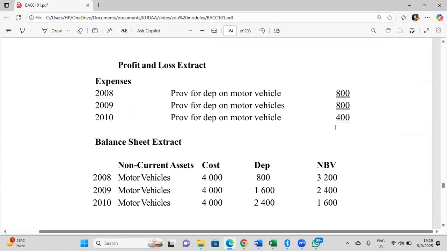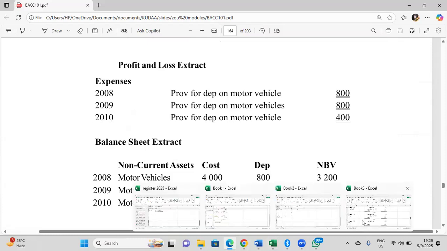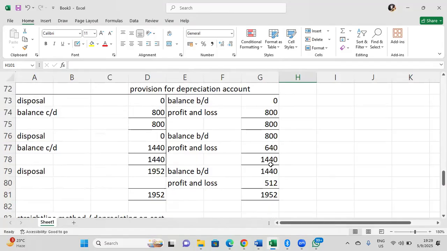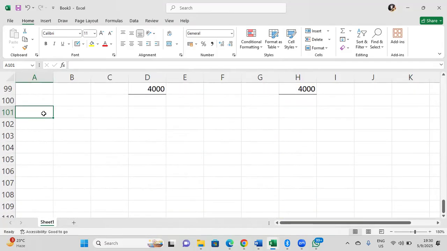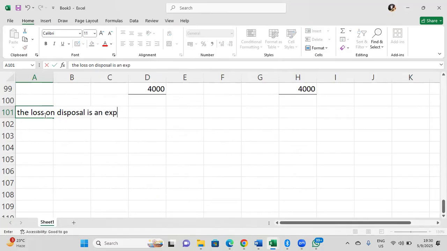So can we add that to your notes, that loss on disposal is an expense? There are quite a number of errors in the module that you also need to take note of.